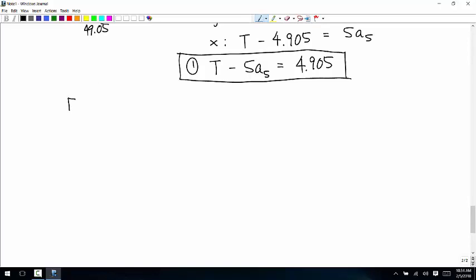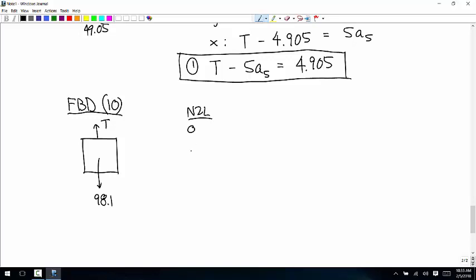And then the hanging mass, free body diagram. There's a weight of 98.1, an upward force of T, and so Newton's second law says 0, T plus 0, negative 98.1 is equal to 10 times 0, a10.